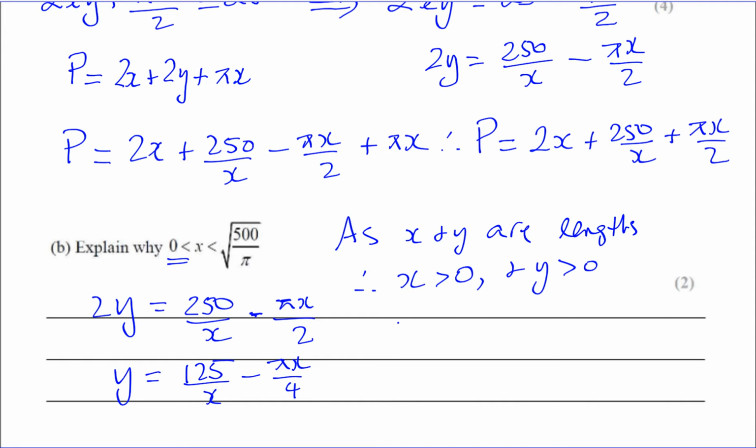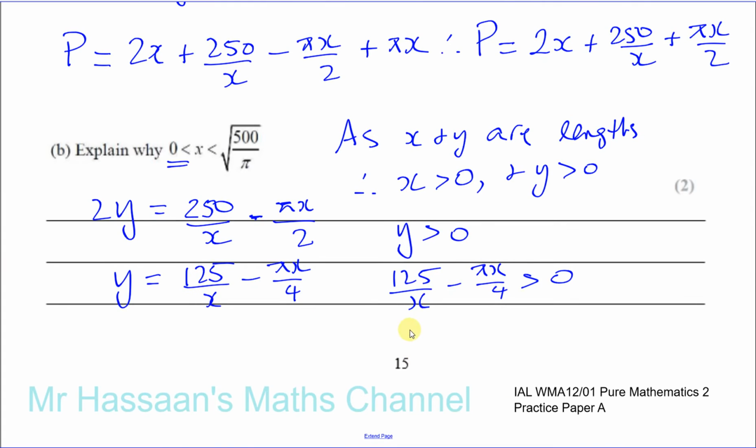And y has to be greater than 0, so this has to be greater than 0. So 125 over x minus pi x over 4 has to be greater than 0. We know that. It's quite long-winded for this amount of marks.